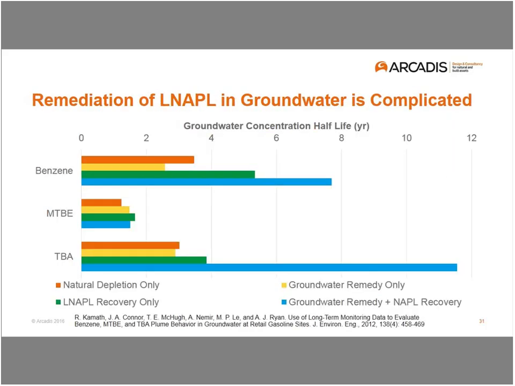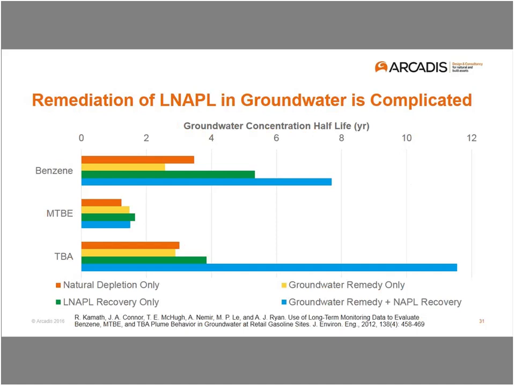And this is just reinforced by a study that was done a few years back that looked at remediation of LNAPL sites where groundwater was impacted. What it looked at was the rate of cleanup of these sites. So you can see here three different constituents: benzene, MTBE, and TPH.